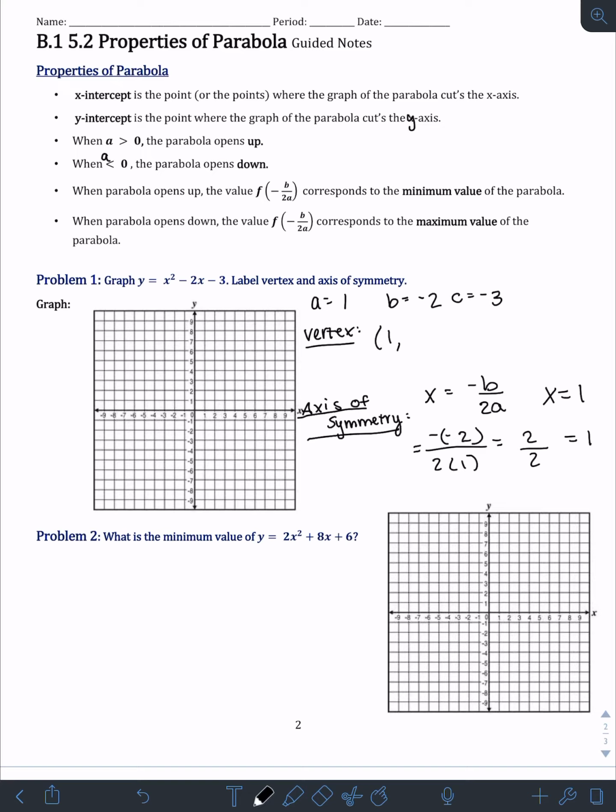Now we're going to take 1 and plug it into my function. So y equals 1 squared minus 2 times 1 minus 3. Once you plug all that in, you get negative 4. So my vertex is 1, negative 4. That is my starting point with my parabola.